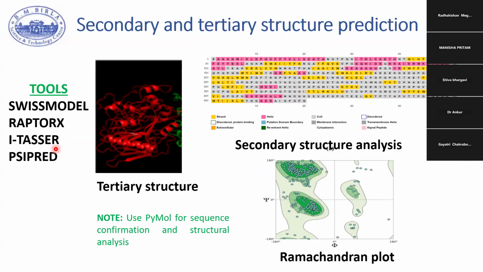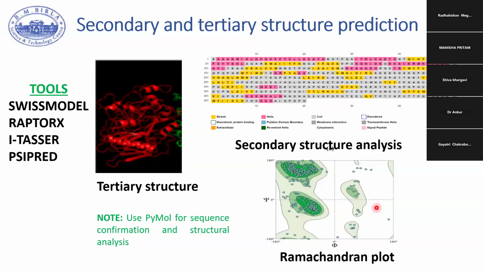Always use I-TASSER. Because if you use Swiss model, you will get only a partial part of your designed vaccine. You will not get the full length sequence or full length structure of your designed vaccine. So always use I-TASSER for full length structure of your protein or vaccine candidate.